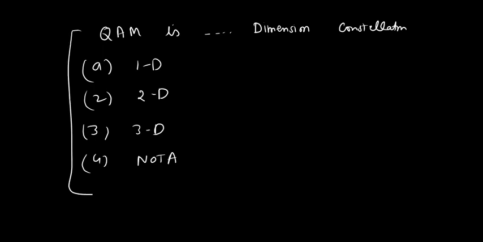What is the answer of this? 2D, very good. Why? Because we had only two bases, k cos 2 pi f c t and k sin 2 pi f c t.